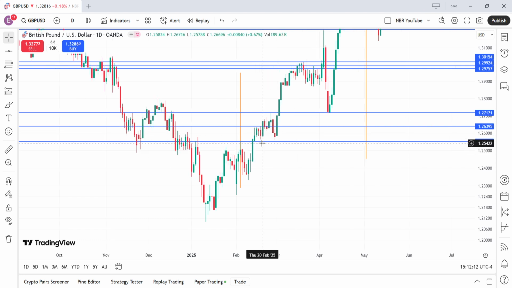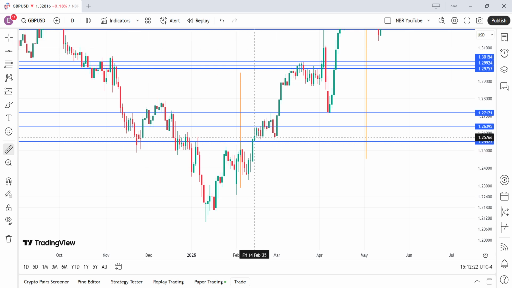We have this swing high. This swing high broke from here. Okay, but let's see the range between this and this one. Here it is 81 pips.